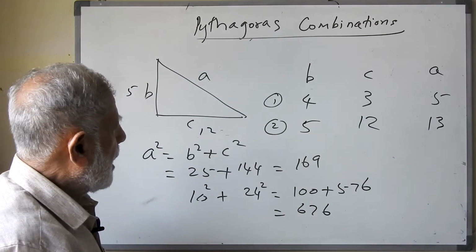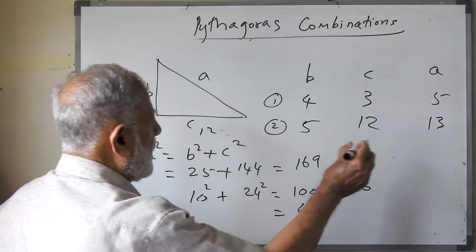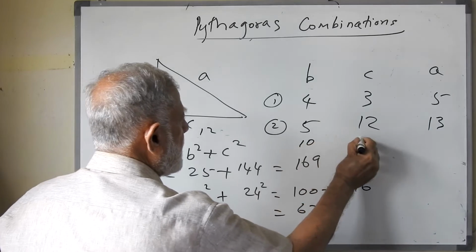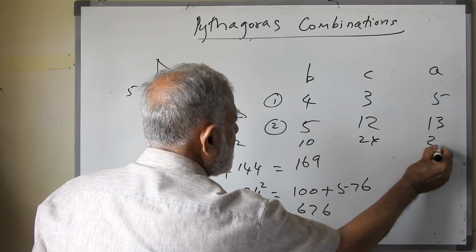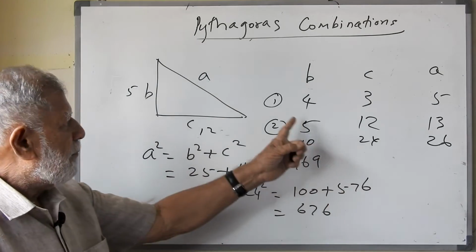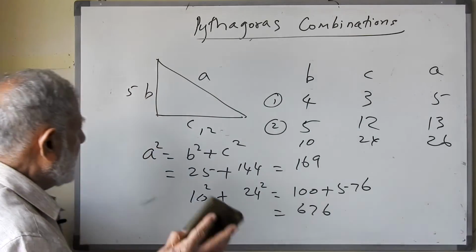That is equal to 26 squared. So this is 10, this is 24, this will be equal to 26. So another combination like that, 5, 12, 13.